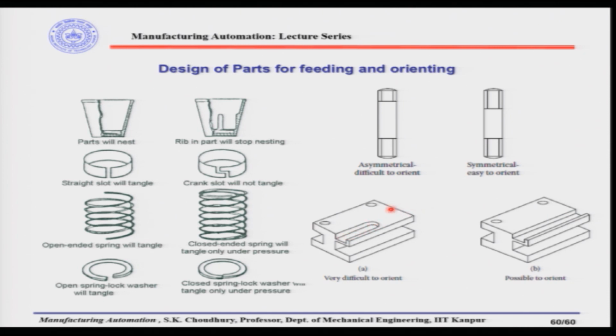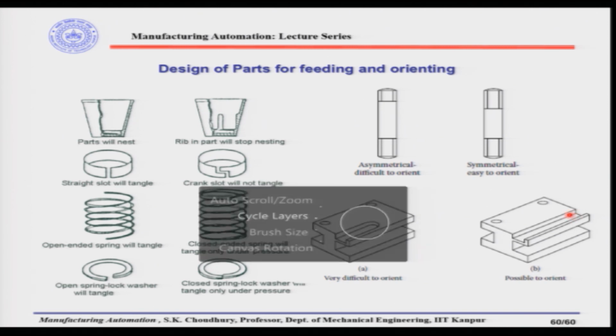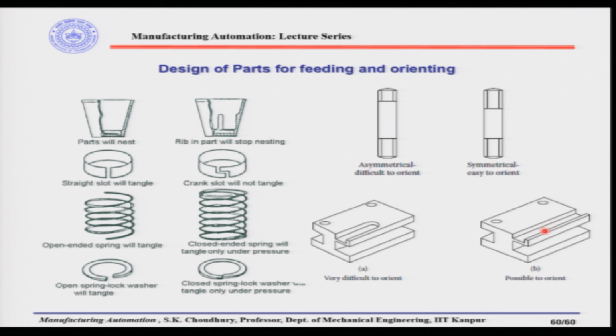There could be some part here based on which this part can be transmitted, but here it is not possible because it is closed, as you understand. So, by extending this feature in the design, we are not disturbing the functioning of the part, but we are facilitating the parts to get reoriented. These are the ideas of this kind of changes in the design.